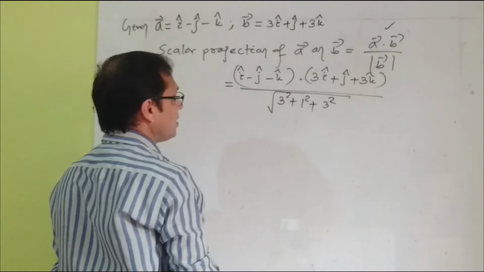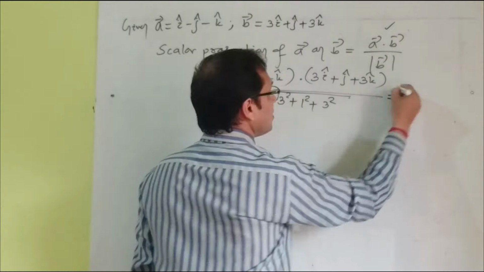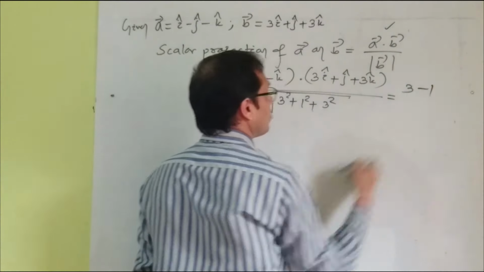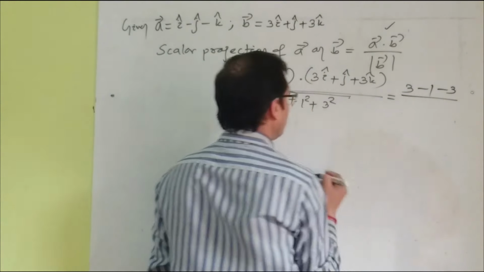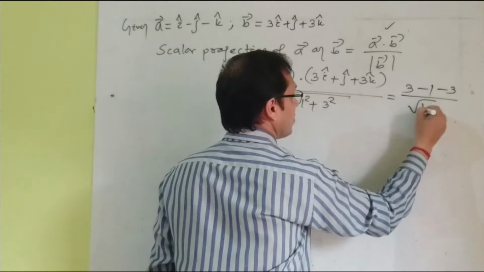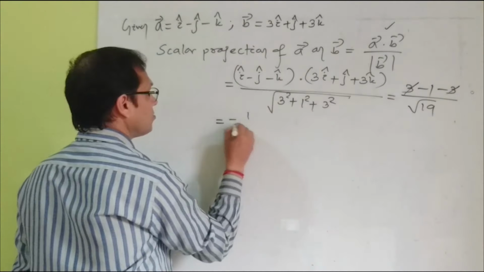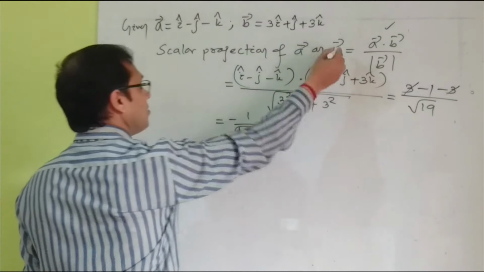This is nothing but 1 into 3 is 3, minus 1 into plus 1 is minus 1, minus 1 into 3 is minus 3, divided by root over 19. Okay, 3 cancels. This is nothing but minus 1 by root 19. This is the scalar projection of A on B.